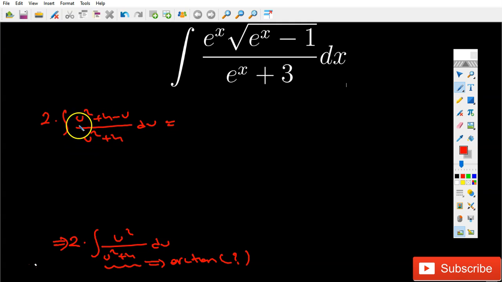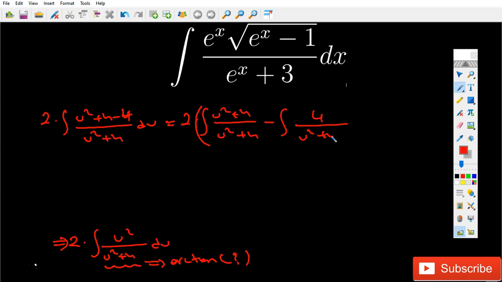And if I try to decompose this integral, or break it into two parts, so we get 2 times u squared plus 4 over u squared plus 4 minus, actually this is 4, so minus 4 over u squared plus 4. They can both have du.